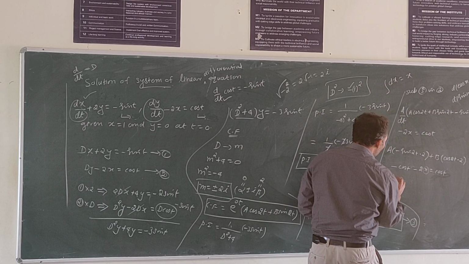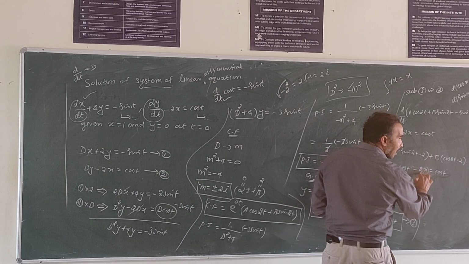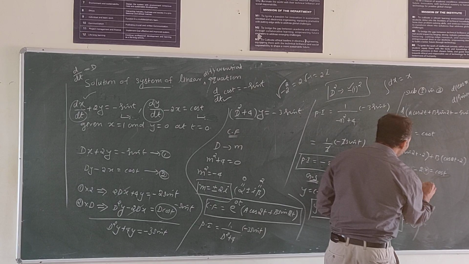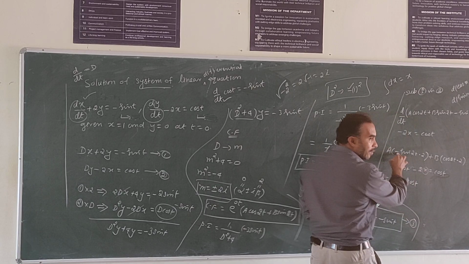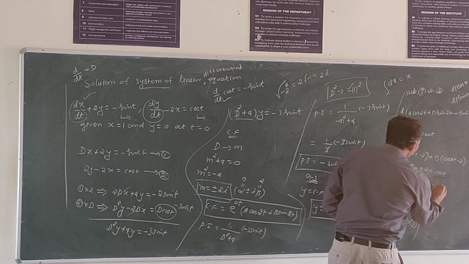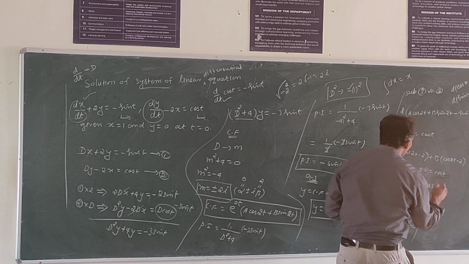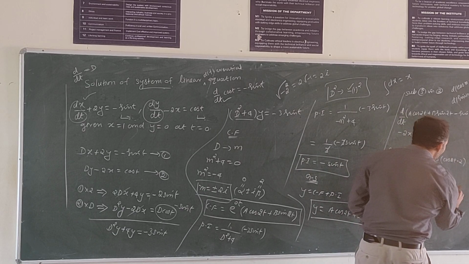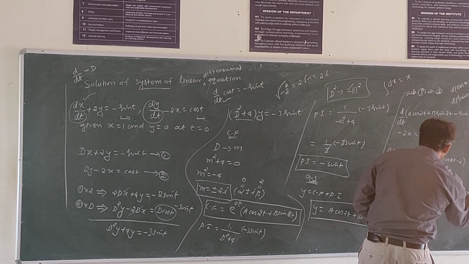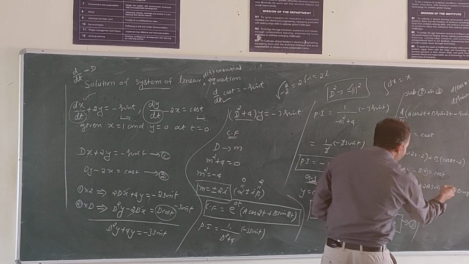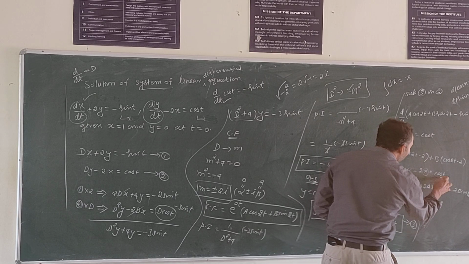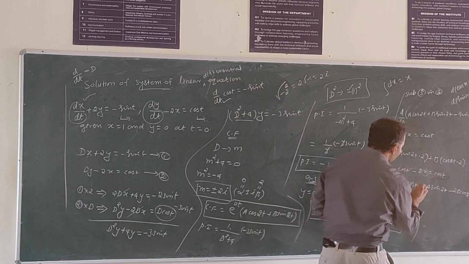Minus 2x equals, keep this term on the left side, rest of the terms to the right side: cos t, which becomes a plus, then 2a sin 2t, next minus 2b cos 2t, and a plus cos t.